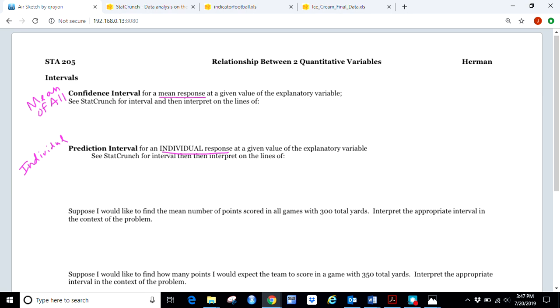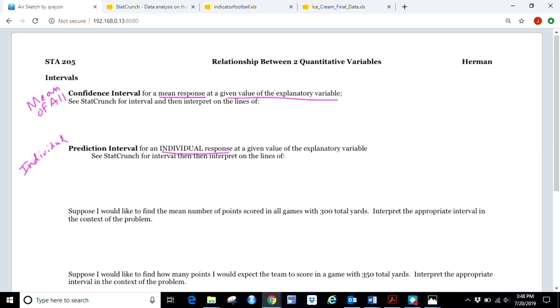Now you have seen a confidence interval before, and you've seen a confidence interval for a mean before as well. But it's going to look a little bit different here because it's going to be for a given value of the explanatory variable. What I mean by that is if there is a relationship between x and y, whatever value x we have is going to actually impact what we'd expect y to be.